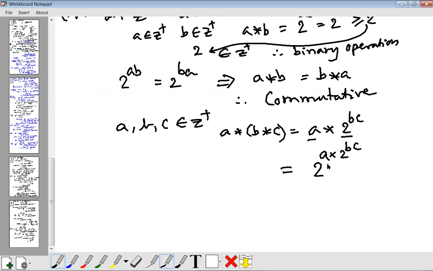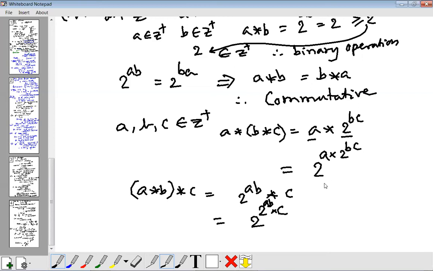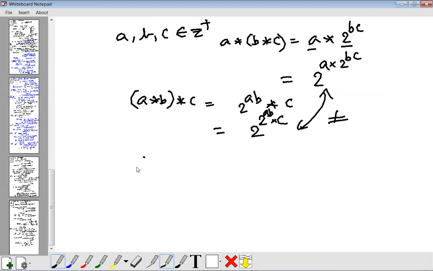Now for the other one, A star B star C would be A star B is 2 to the power of AB, and then you are doing star C. That means 2 to the power of AB multiplied by C into C. These two are not equal. Therefore, A star B star C is not equal to A star B star C. Therefore, not associative.